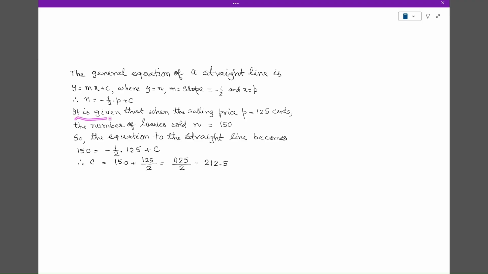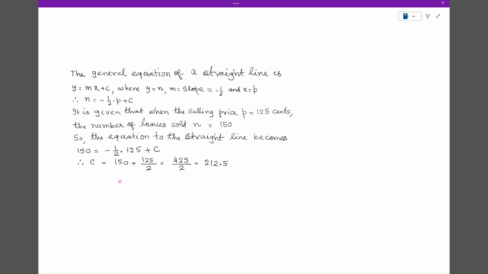It is given that when the selling price p is equal to 125 cents, the number of loaves sold, n, is equal to 150. Therefore, the equation becomes 150 equals minus half multiplied by 125 plus c.